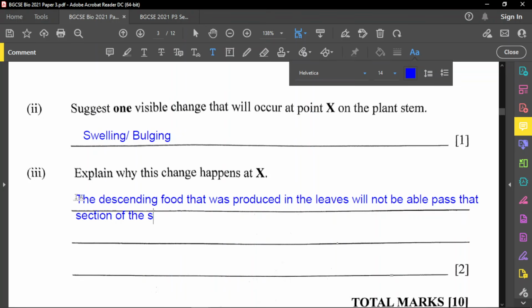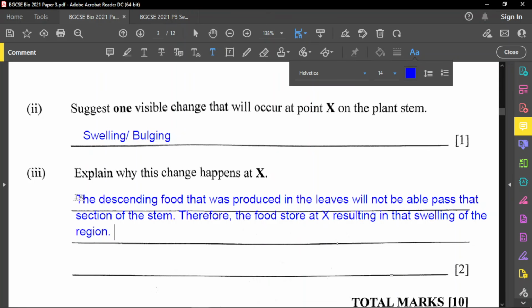And it's a 2-mark question if you realize that, right? So the food will not be able to pass that section of the stem. Therefore, the food will lodge or store at X, resulting in the enlargement, the swelling of the region.